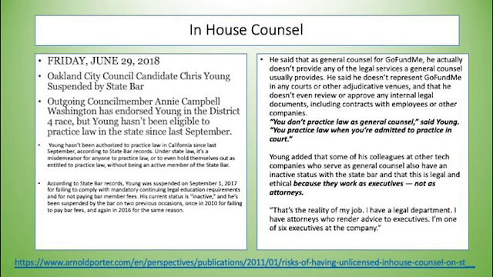On an aside, my own personal story is that I was general counsel for 2.5 years for a major car dealership, a set of car dealerships in Northern California.